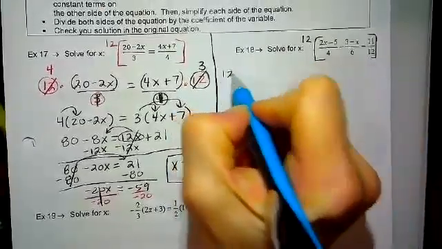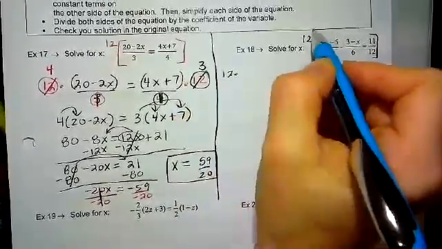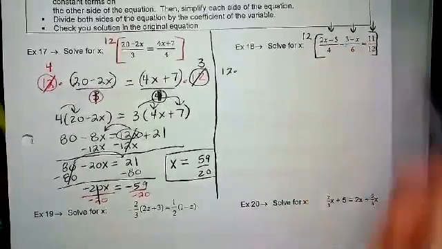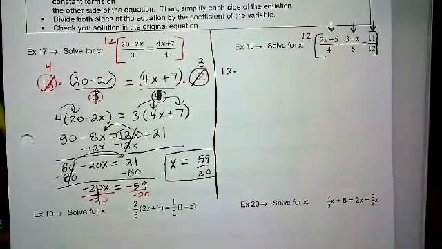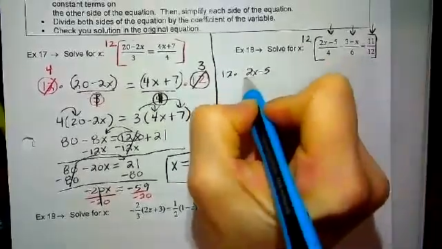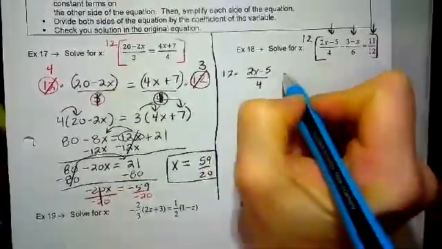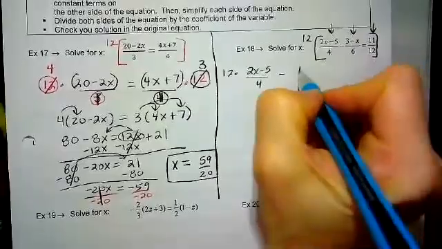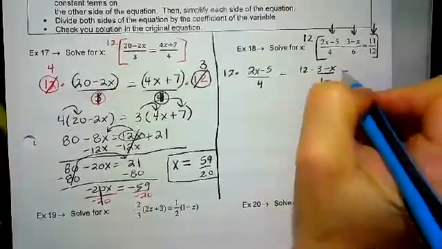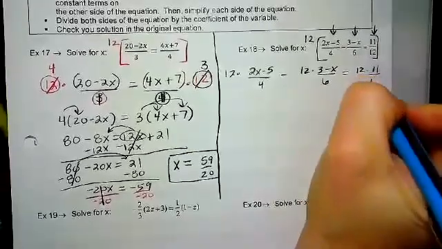It takes a little bit of setting up, but I'm going to write and show that I'm multiplying 12 times every term in that problem. So I have 2x minus 5 over 4, and then I'll just put the minus sign there and write 12 times 3 minus x over 6 equals 12 times 11 over 12.